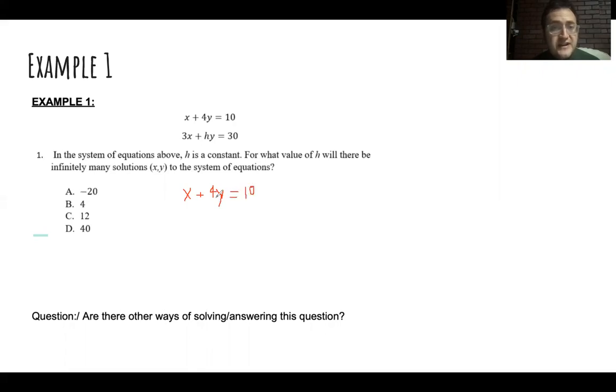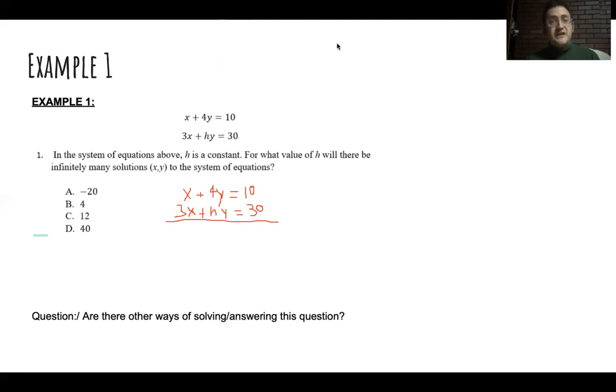I want to be thinking about what I'm going to multiply the top row by so that I can eliminate my x's and get 0 equals 0.